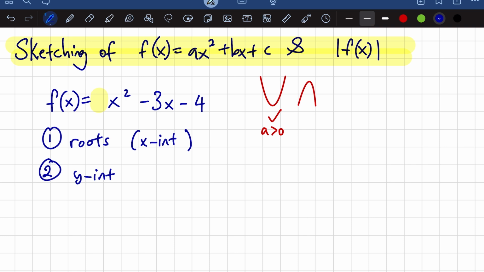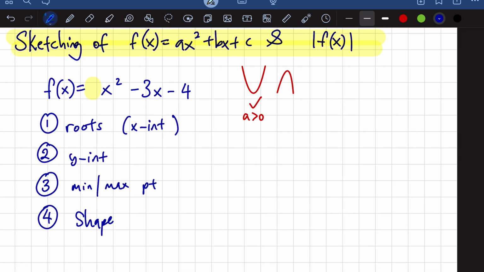We also need the y-intercept, which is essentially the constant term at the back of any quadratic expression, like in this case, minus 4. We also need the minimum or maximum point, the vertex. We can do that in a few ways: completing the square, or x equals minus b over 2a to get the x vertex. And the last one is the shape, which we talked about earlier.